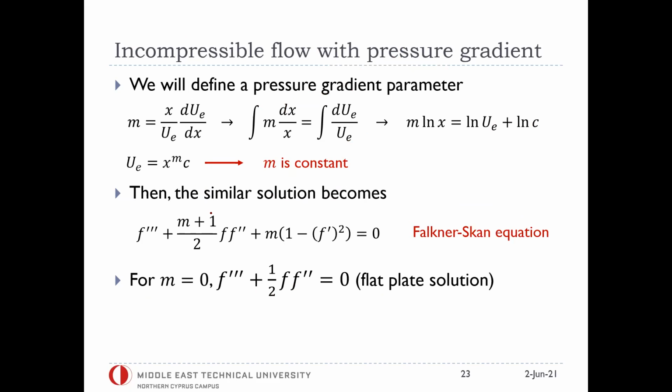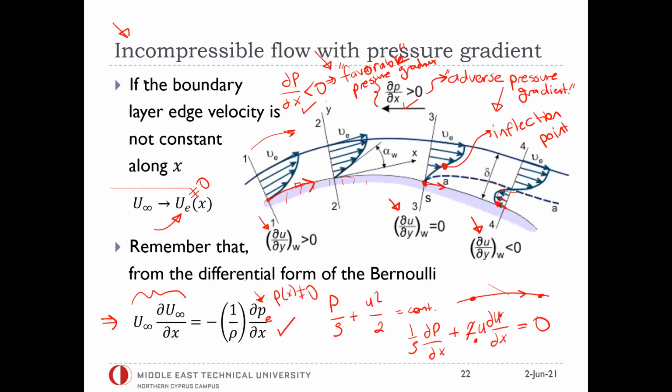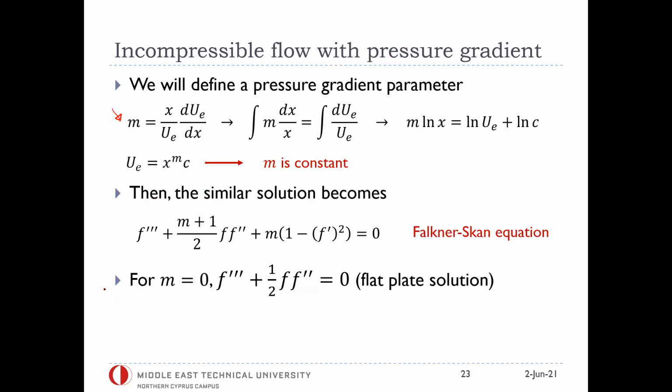In this case, we define what we call a pressure gradient parameter m, based on the Bernoulli relation that we have seen in the previous slide. This parameter is defined as x over u edge times du edge over dx, which is directly related to the pressure gradient from the Bernoulli relation.